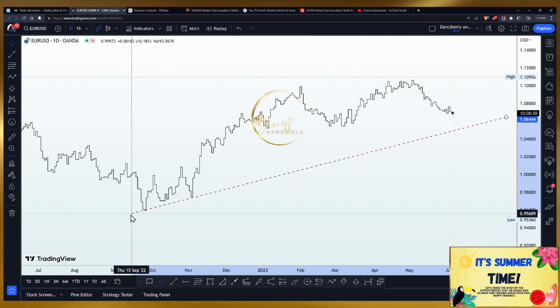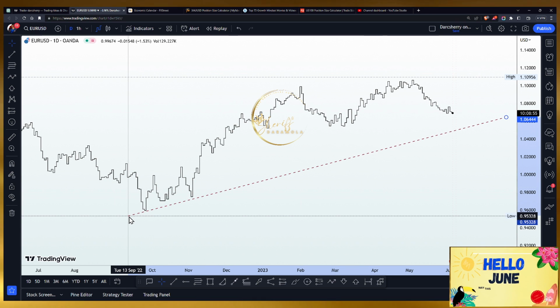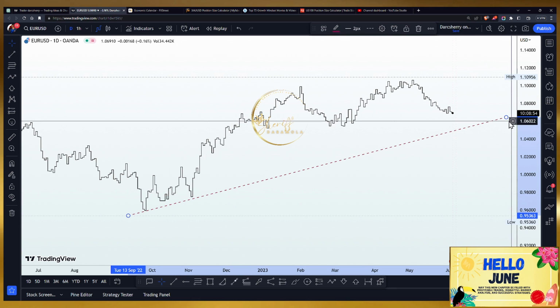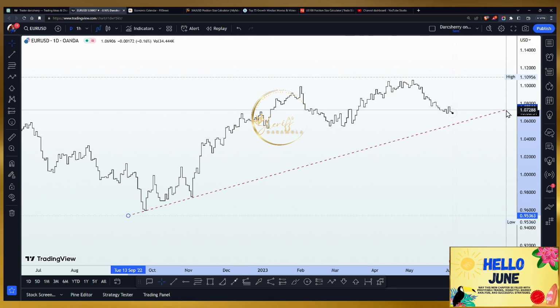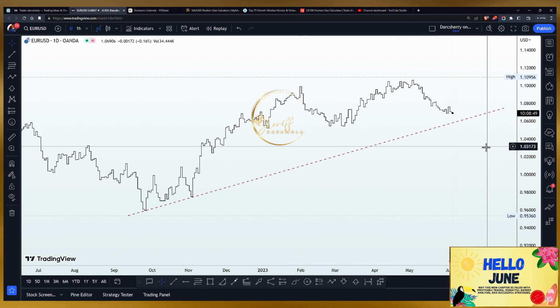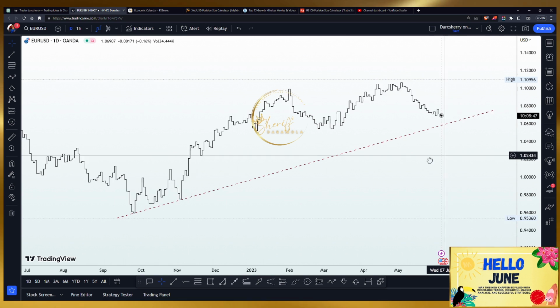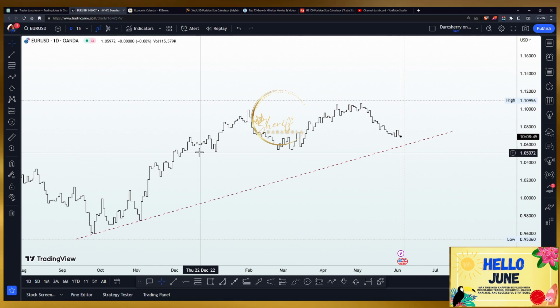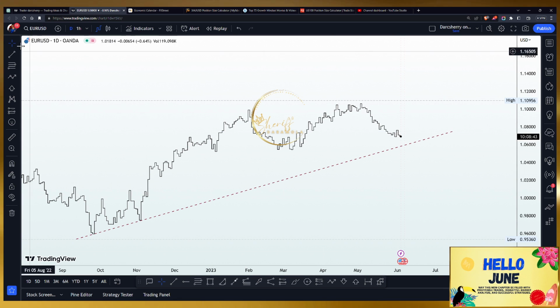So we have a trend line marked out, which confirms that price action has been bullish since October last year. That is one.